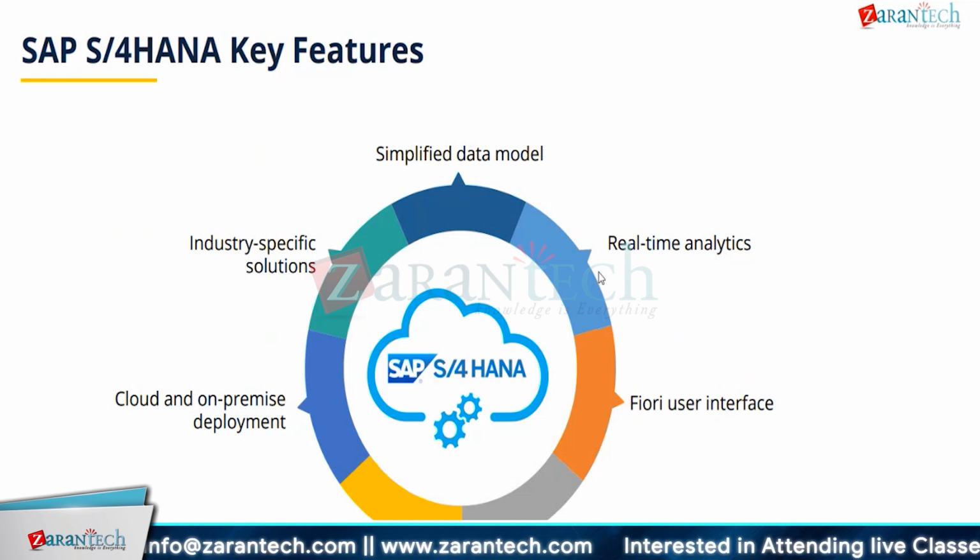There used to be skipping of deadlines, and there used to be a lot of waste from the overproduction which the company used to do. So with the help of this real-time analytics and the simplified data model, all of these advantages are something which we can see as an example from a manufacturing industry.